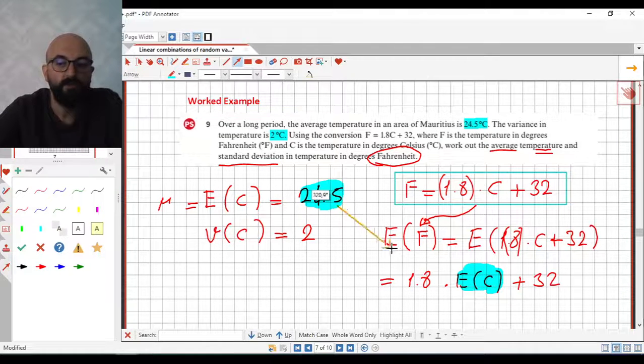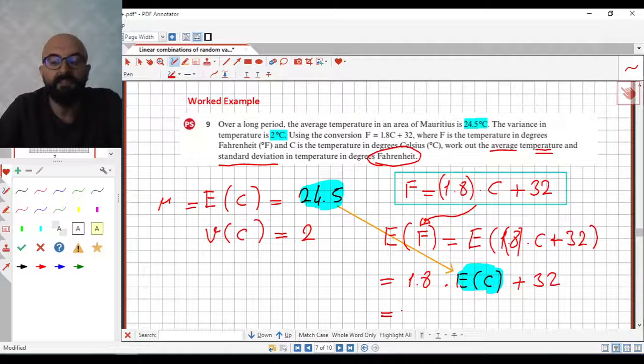So we write 1.8 multiplied by 24.5 plus 32.